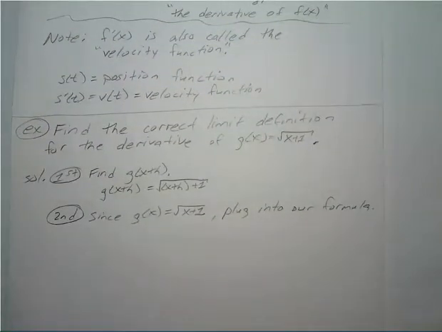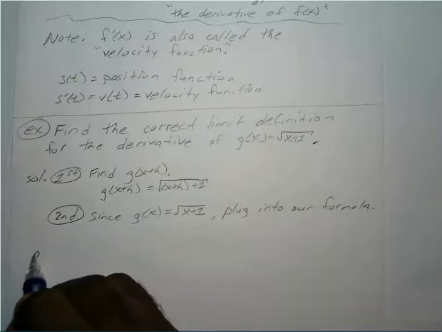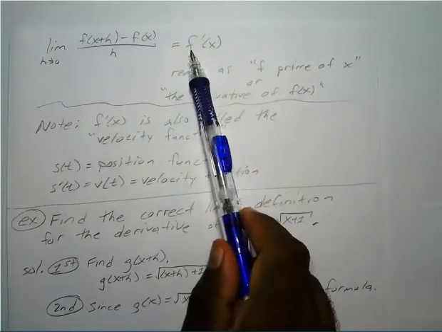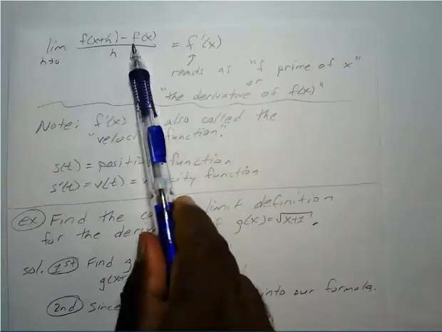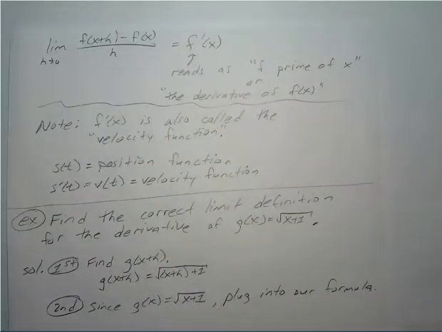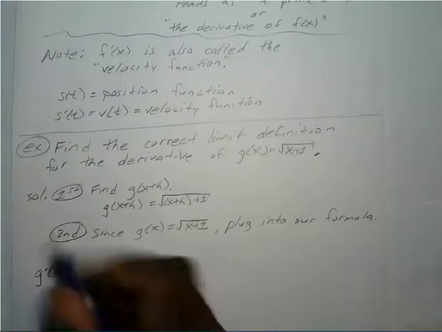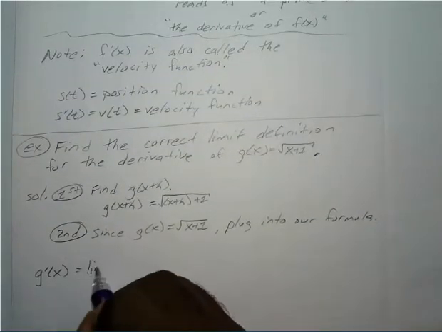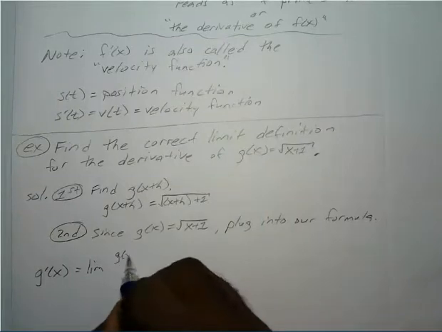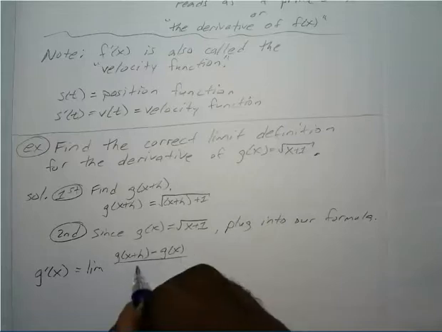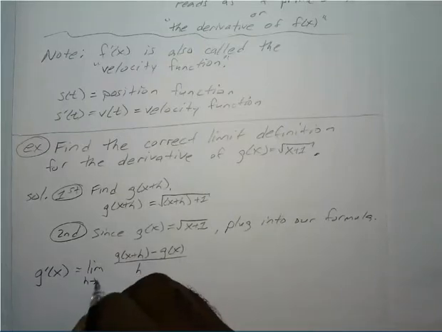So g prime of x, remember, instead of f prime of x, it's not a function of f, it's a function of g, so all our f's will just turn to g's, but it's the same formula. Okay, so g prime of x is equal to the limit of g of x plus h minus g of x all over h as h approaches 0.